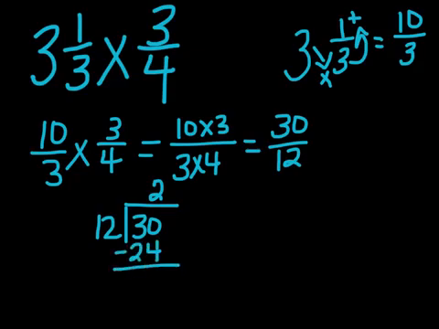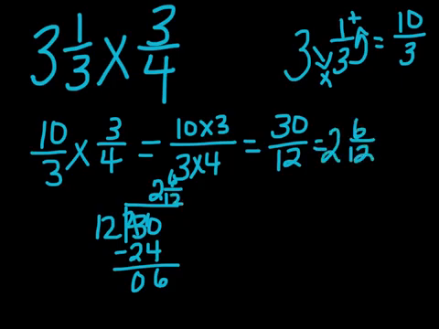30 minus 24, we need to borrow from our 3, change our 0 to a 10. 10 minus 4 is 6. 2 minus 2 is 0. So we're going to a mixed number, so we can take our remainder of 6 and put it over our divisor of 12. So 2 and 6/12. Anytime I'm answering with a fraction, I have to make sure that I reduce my fraction.